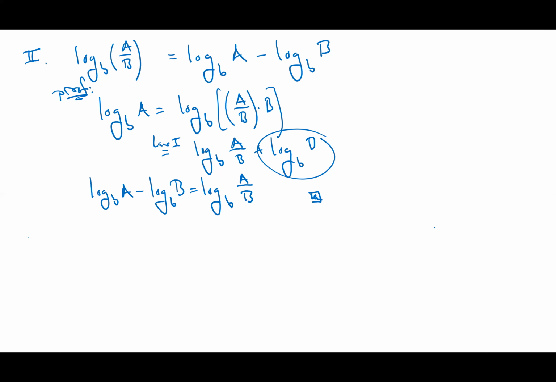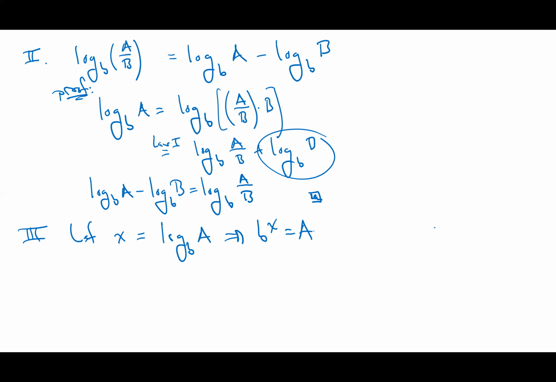All right. And then for 3, I'm going to define a term. Again, I'm going to let x equal log base b of a, so that b to the x is equal to a. Okay.